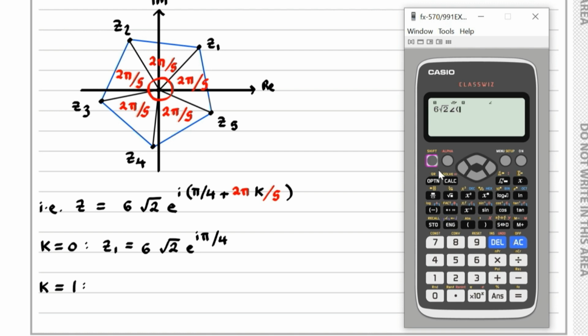In other words, type in pi over 4 plus 2 pi over 5. And then here we've got different values of k which we're going to substitute in. k is 1. We get 13 pi over 20. So that means z2 equals 6 root 2 e to the power of i 13 pi over 20.